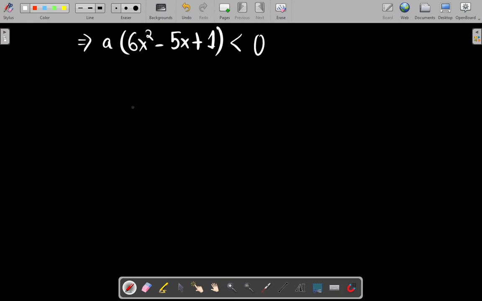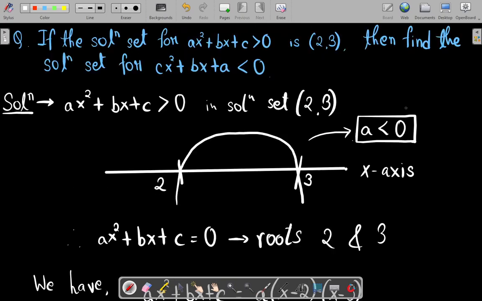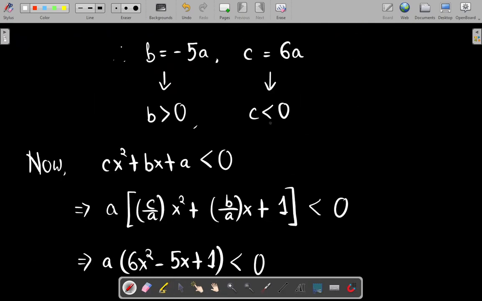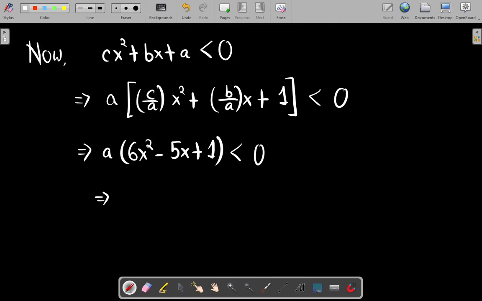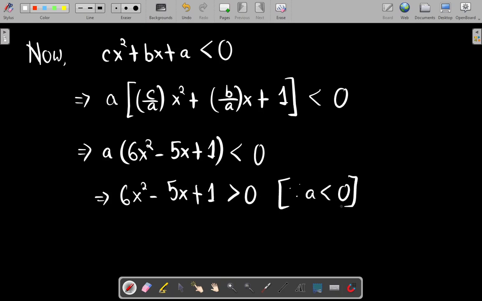Okay, so on dividing both sides by a, since a is negative quantity, right? So on dividing both sides of this inequality by a, the sign of the inequality will change. So this becomes 6x square minus 5x plus 1 greater than 0. Since a less than 0, the sign changes.